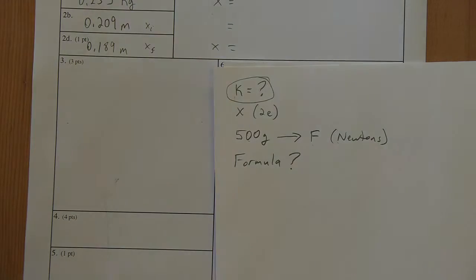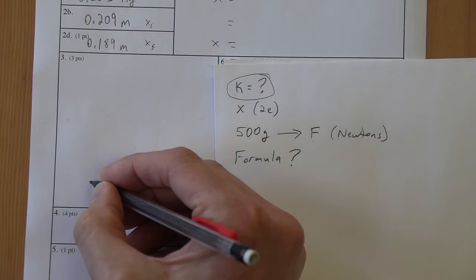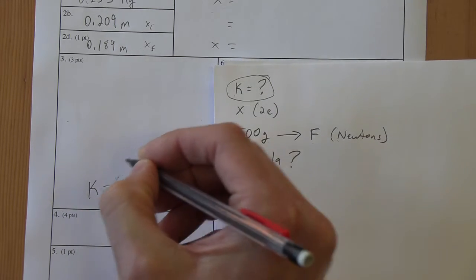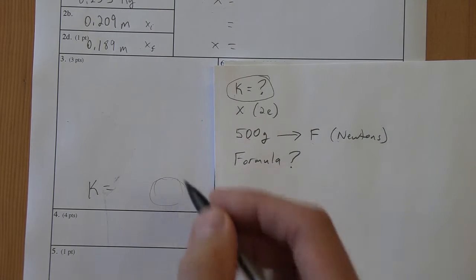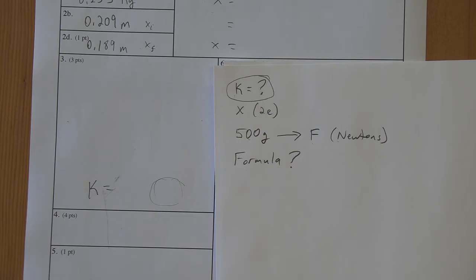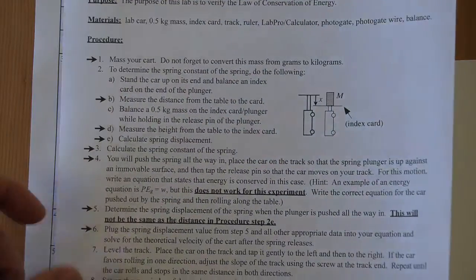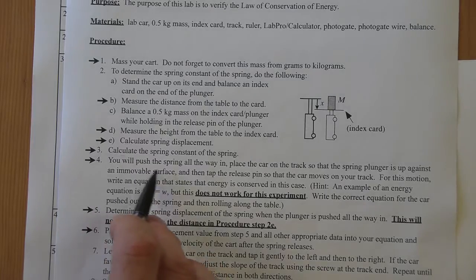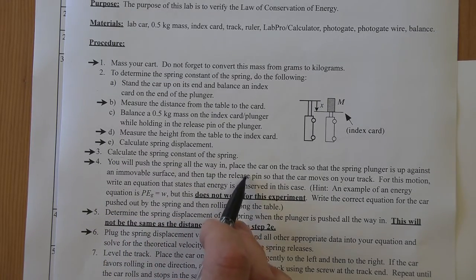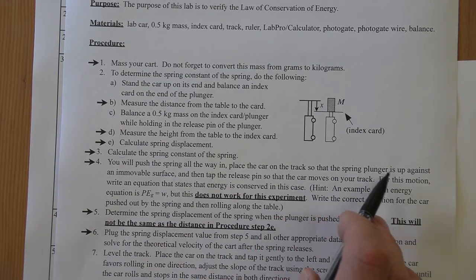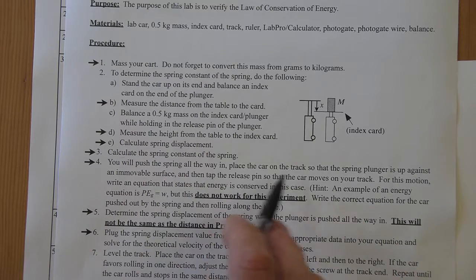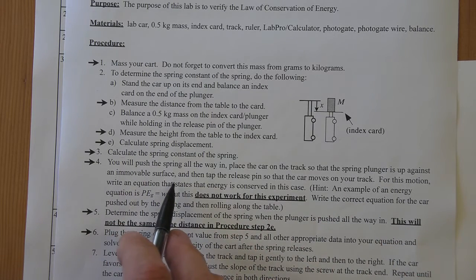Okay, so that's number 3. Hopefully over here you have K equals, and then don't forget the units that belong there also. Okay, so that was step number 3. Now we go to step number 4. You will push the spring in all the way. Place the car on the track so the spring plunger is against an immovable surface.